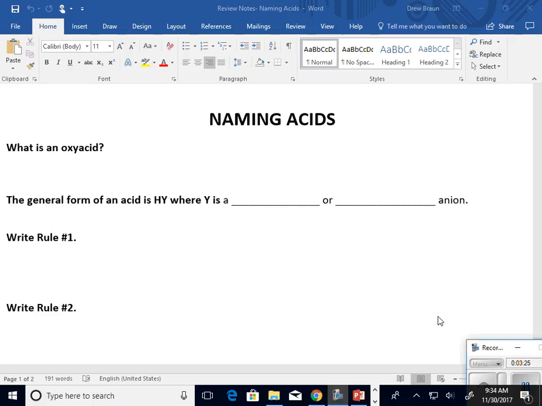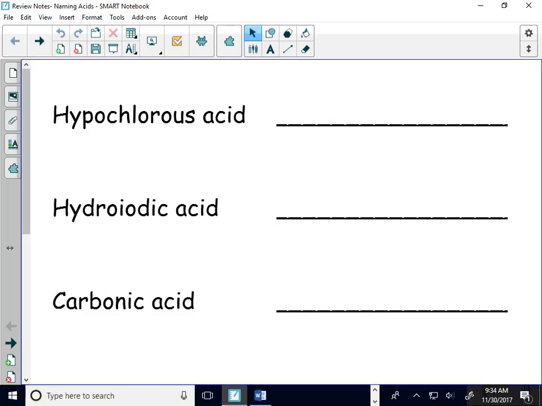Now, we're going to get into rules 1, 2, and 3 as we're doing these problems. Rule number 1 tells you that you have an IDE ending, correct? For the anion. IDE ending, so it says hydro, stem with ic.